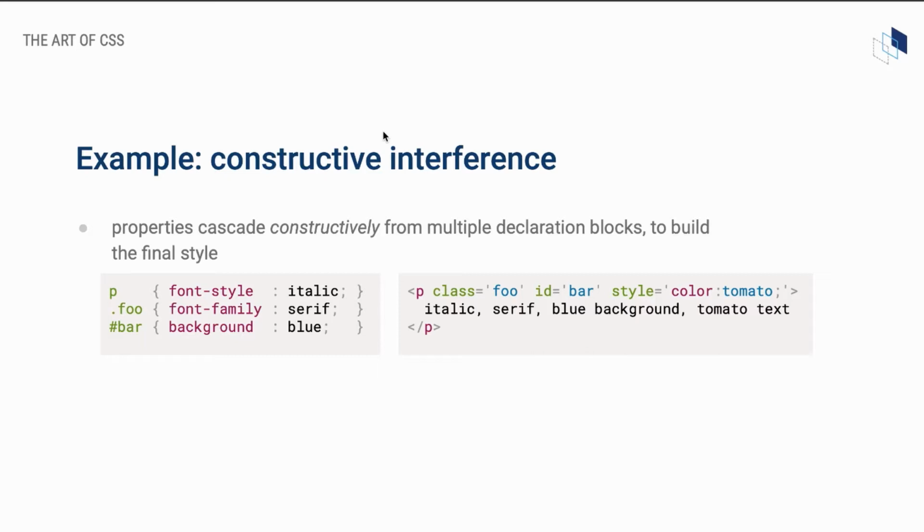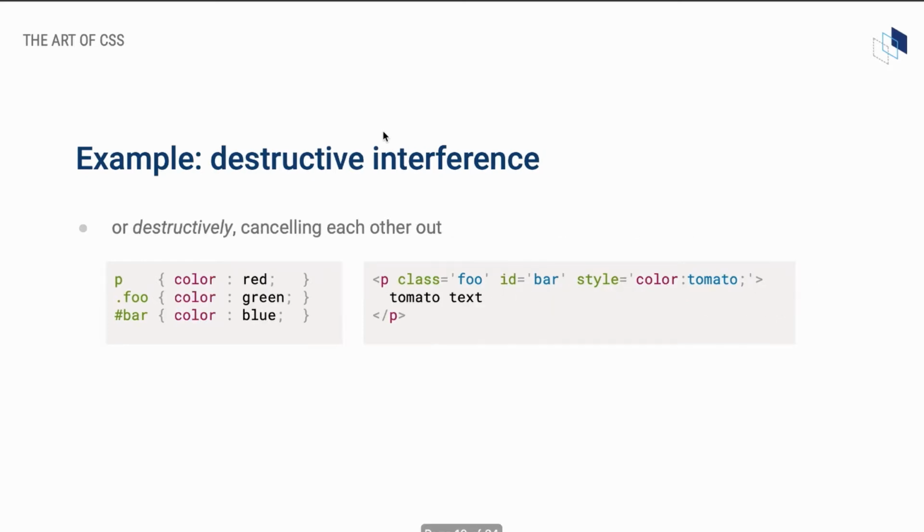We have class foo with specificity 10, specifying a different property, ID bar, specifying yet another property, and on the right, we have a snippet of HTML, which also applies an inline style. So we have a paragraph, a class, an ID, and a style, and in this case, because they do not specify the same thing, you end up with constructive interference in the resulting style.